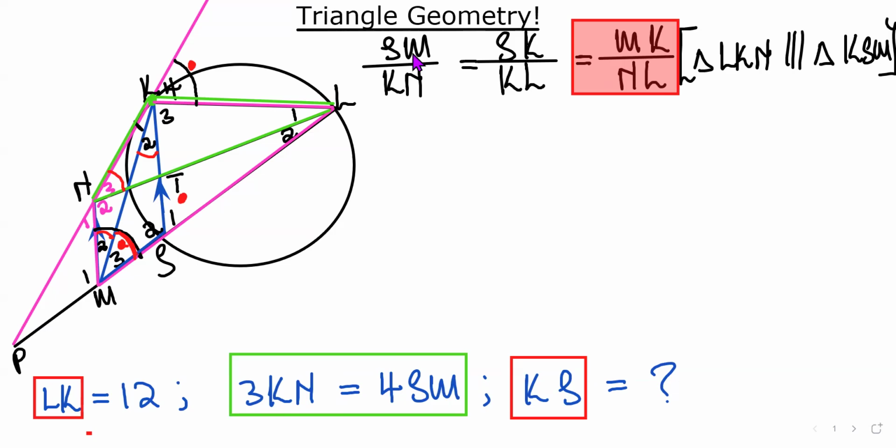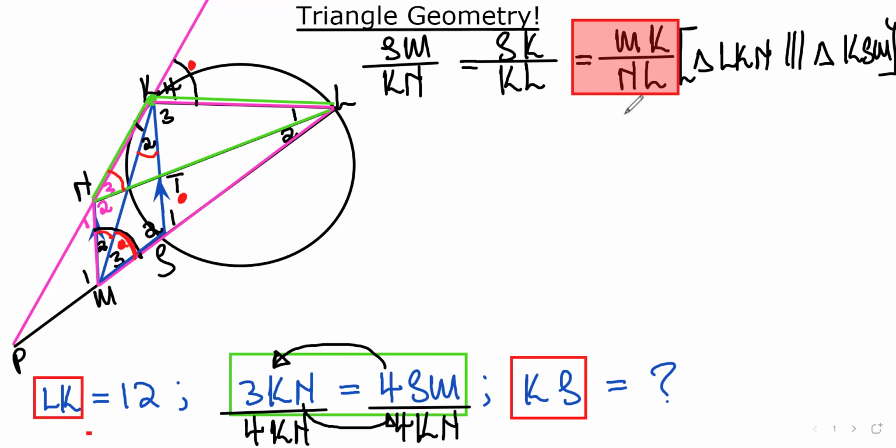But since SM is in the numerator here, it makes sense for us to divide by KN. So yes, we want to bring the letters to one side and the numbers to the other side, which means I need to divide both sides here by what? I want to get rid of the letters. I also want to get rid of the number.